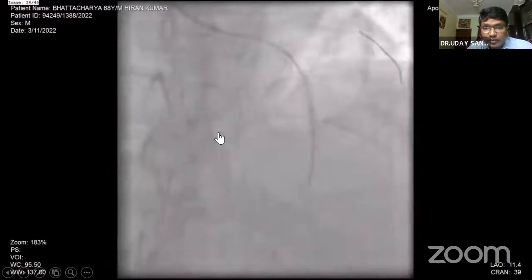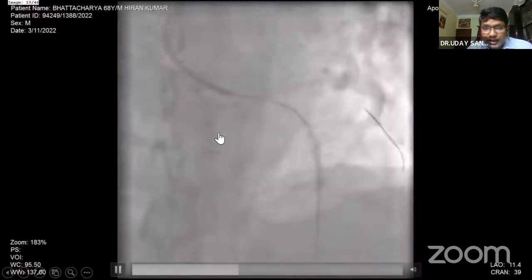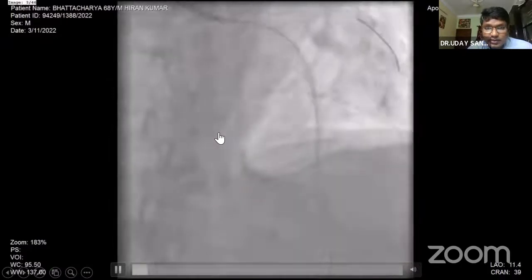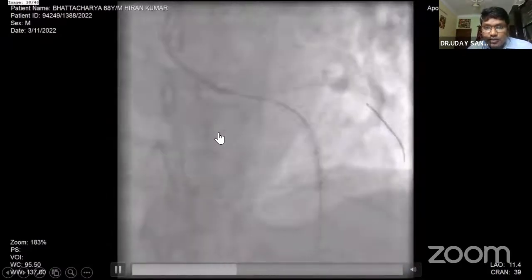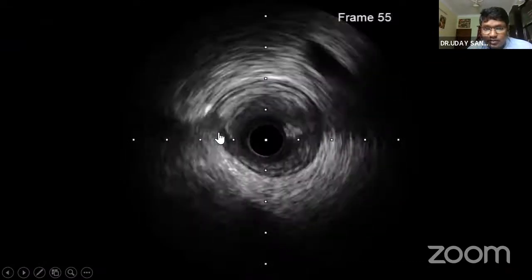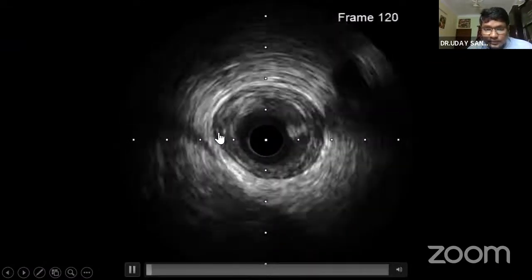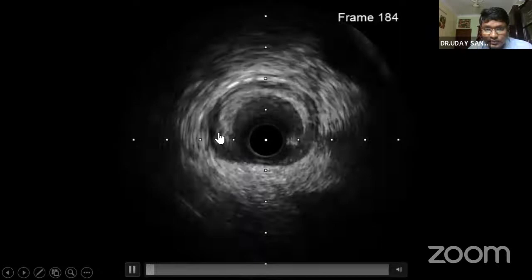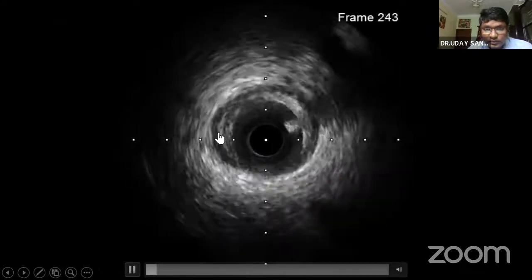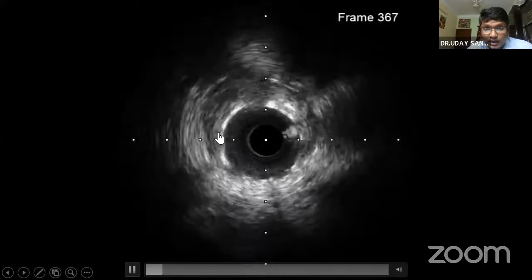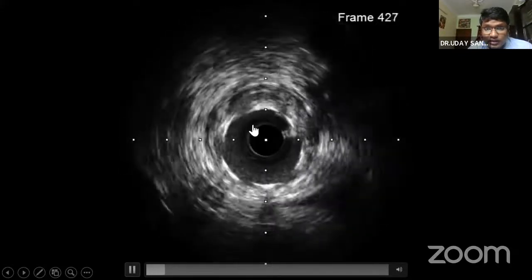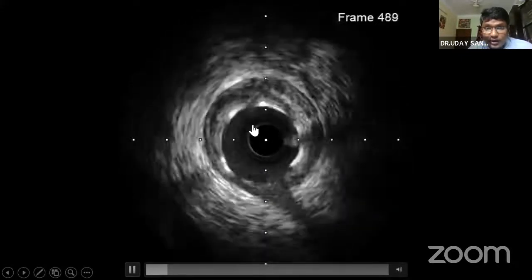Now to see the anatomy of the LAD stenting, whether there is malapposition or any thrombus within the stent that might cause the chest pain, I did the IVUS. IVUS actually showed a completely unapposed stent, malapposition because of an under-deployed stent.